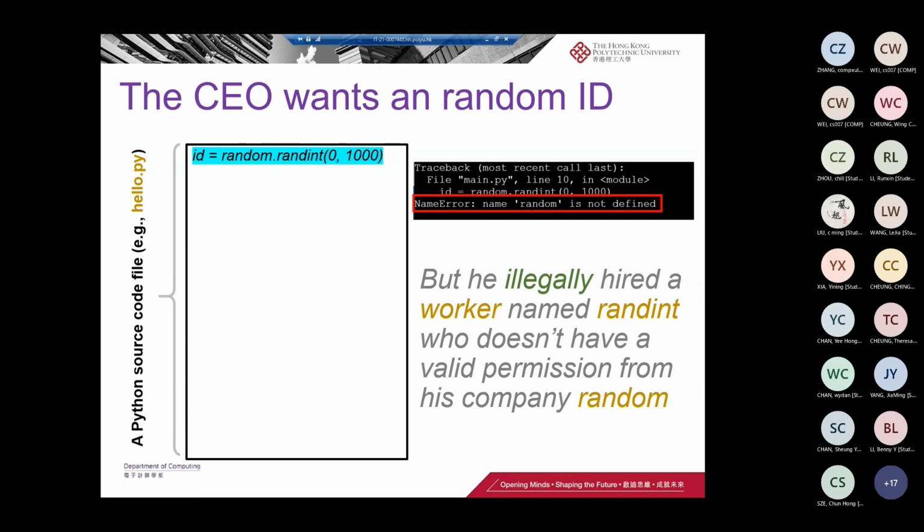The random int is not a worker from your company. It's rather from the random company. To hire somebody from another company, you should sign a contract, right? You should sign a contract with his company, and his company is called random.